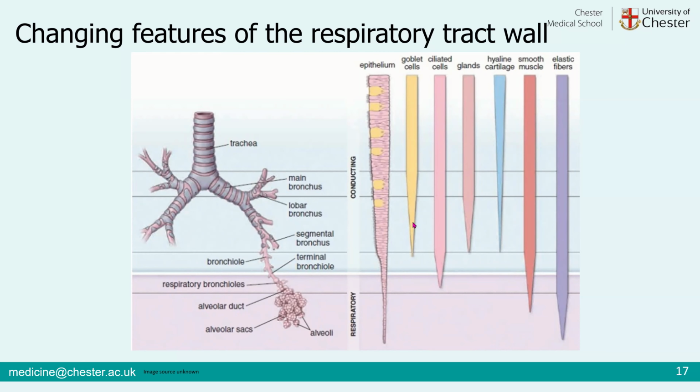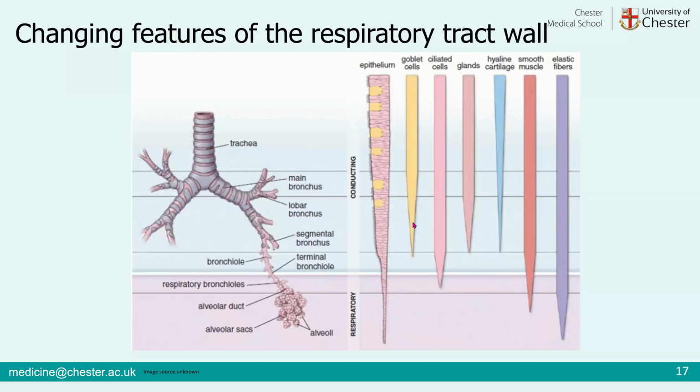As I said, we see changes in the number of goblet cells. We see changes as to whether those cells are ciliated or not. For the majority, they're ciliated, but by the time we get down to the respiratory zone, they're no longer ciliated. We'll see glands in the lamina propria and the submucosa, again predominant in the upper airways down through the conducting zone.